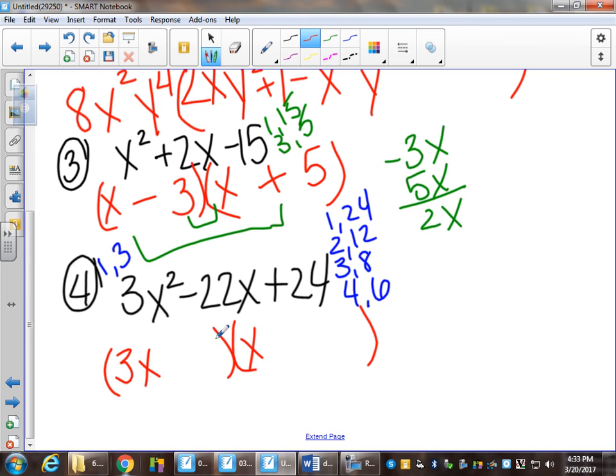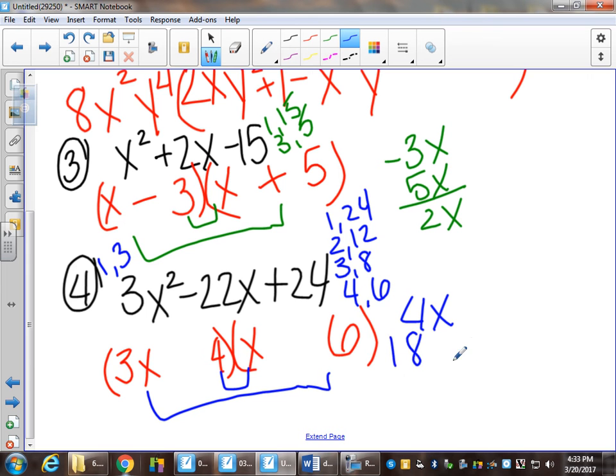If you were to choose 4 and 6, when you do inner and outer, you get 4x and 18x, which in some way can combine to negative 22. In order for that to combine to a negative 22, these both have to be negative. Because a negative 4 minus 18 gives you a negative 22. A negative 4 times negative 6 will give you a positive 24.